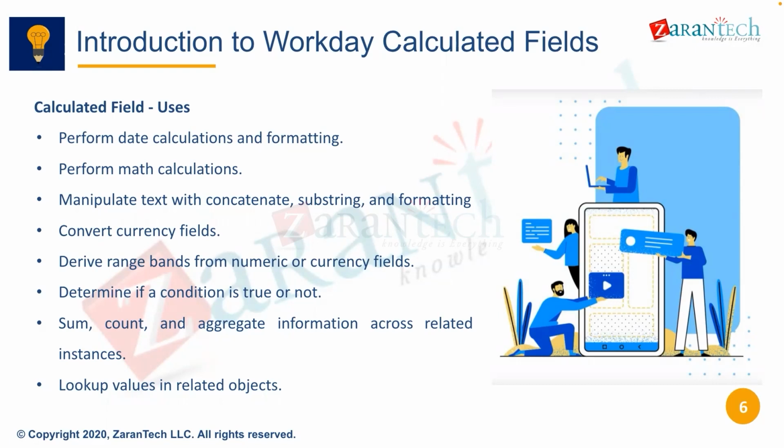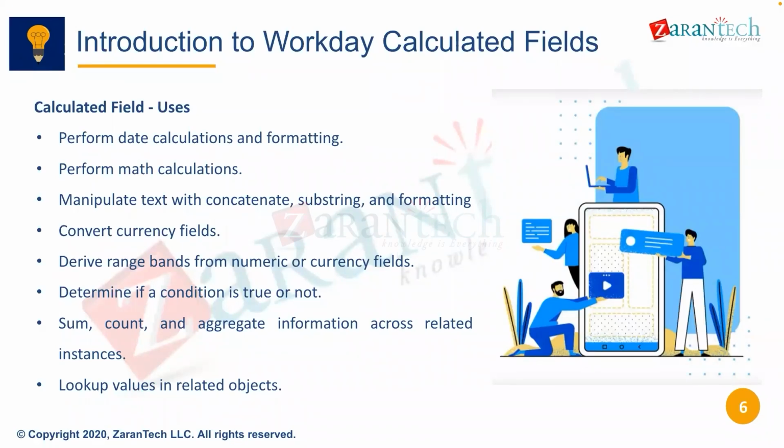I can do concatenation, I can do substrings, I can do formatting. So if I'm only looking to pull the first 3 letters of a user's first name, I can do a substring.